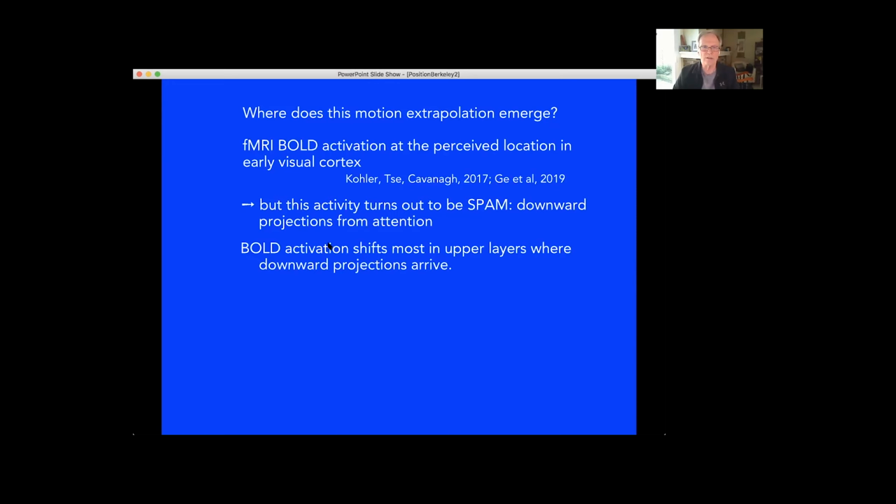So it shifts most, interestingly, Gu and colleagues did this in a 7T magnet, and they were able to differentiate the different layers, top, middle, bottom, where the upper layers get most of the downward projections. And what they found, so they did the same disk background offset.